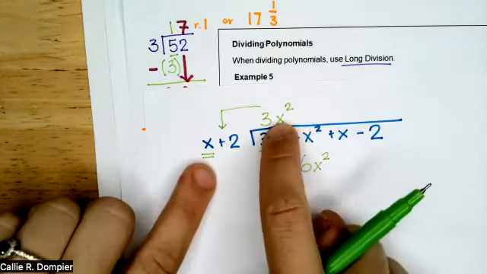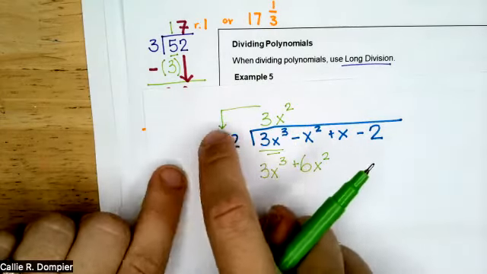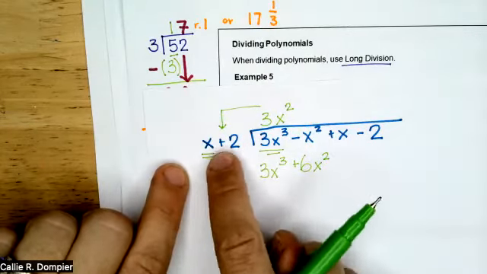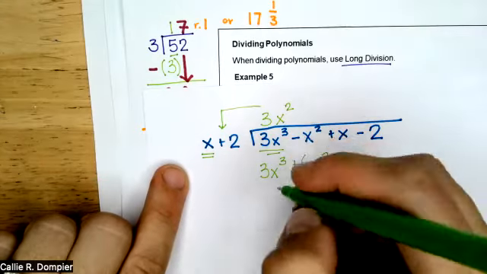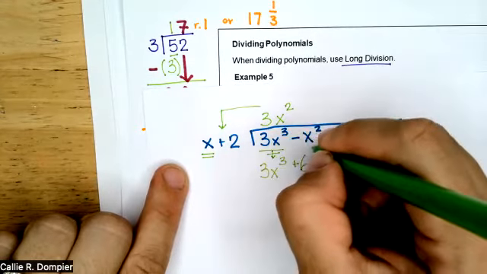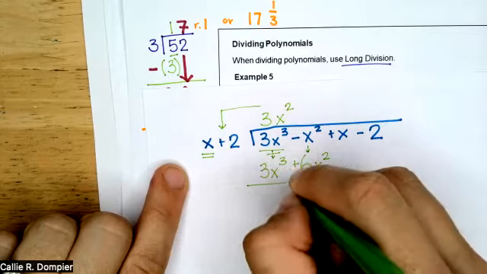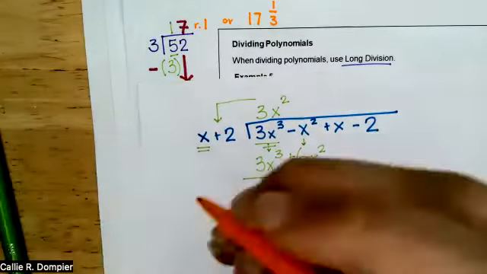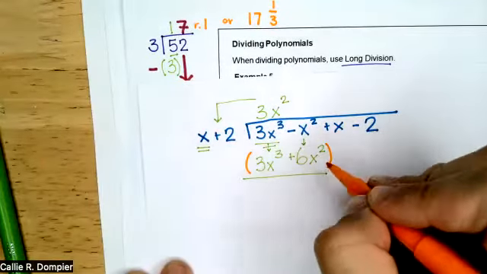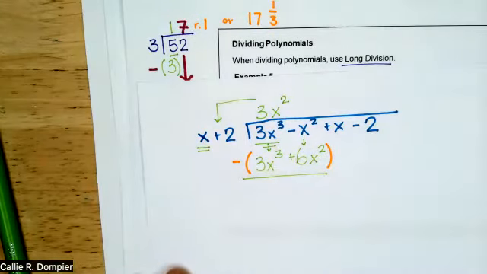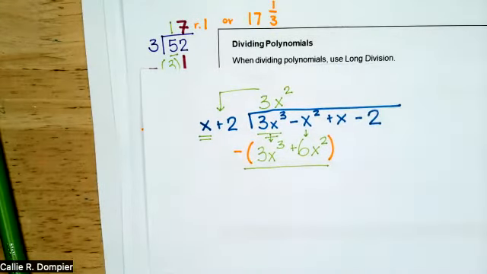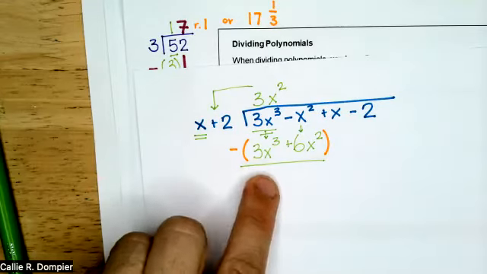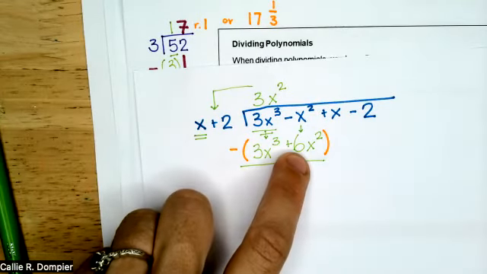So what I did there was I distributed the 3x squared to the x and to the 2. Okay. Now remember, we are subtracting both of those. So that's a negative 3x cubed, and that's a negative 6x squared.